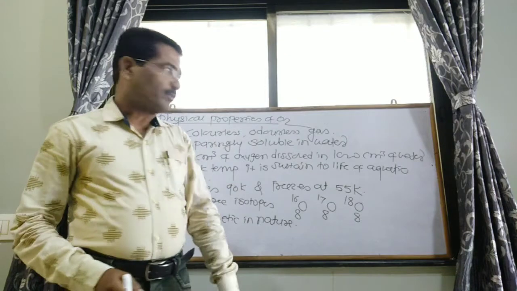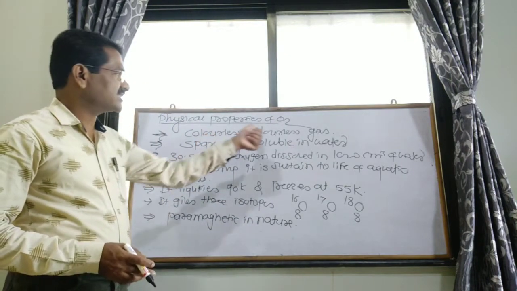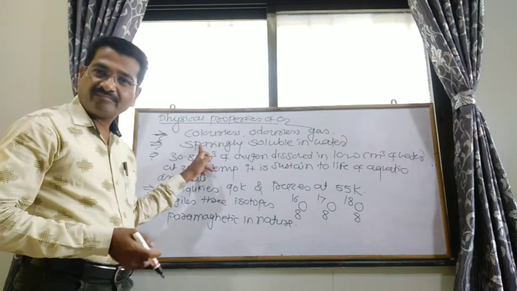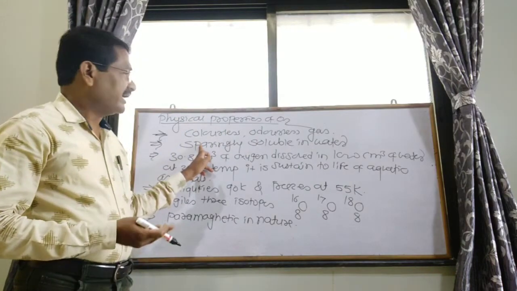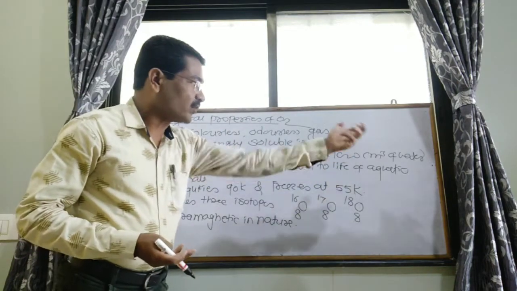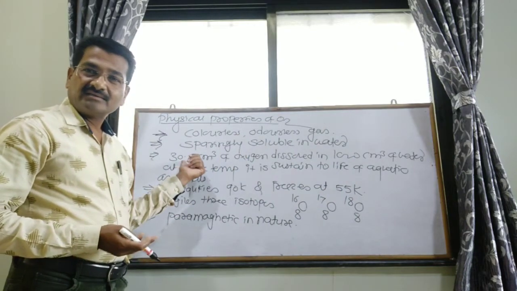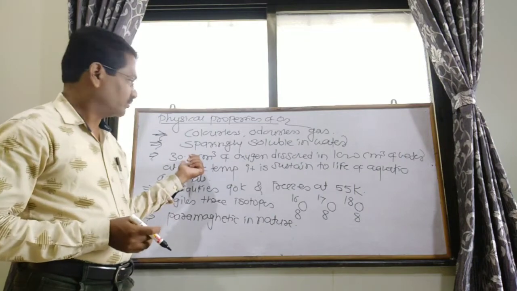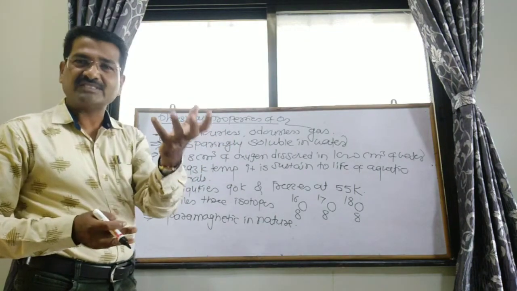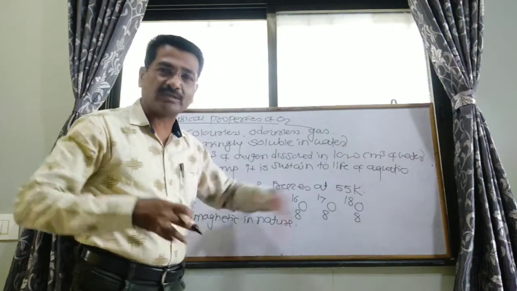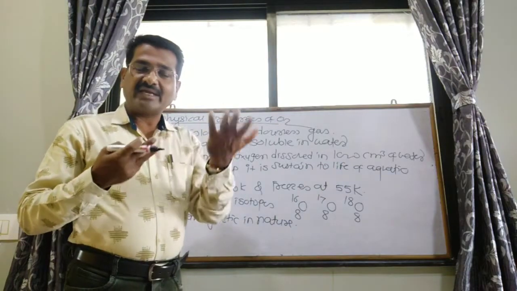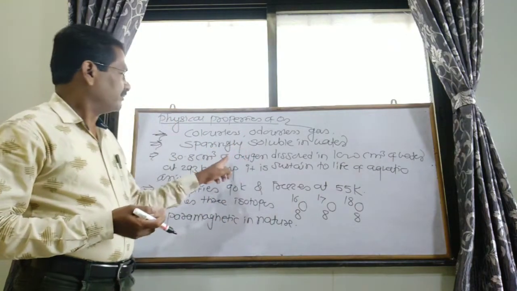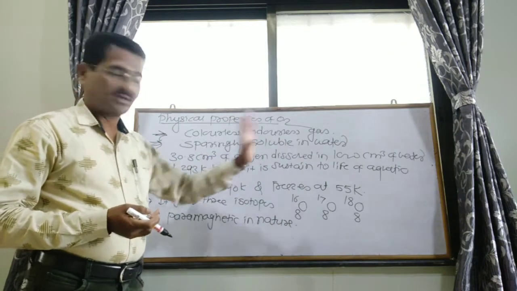See the physical properties again. First, oxygen is a colorless, odorless gas. Second, it is sparingly soluble in water: in 1000 cm cube of water it contains only 30.8 cm cube, a very small quantity which is required by aquatic animals for breathing. Aquatic animals cannot live without oxygen, so they obtain it from water.